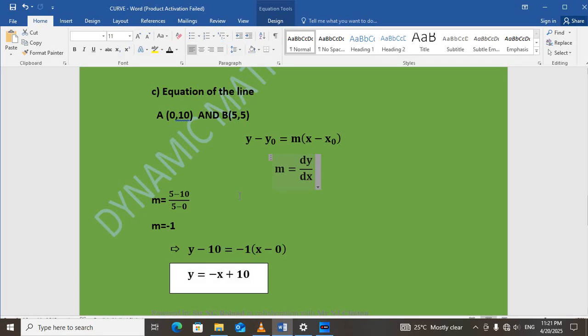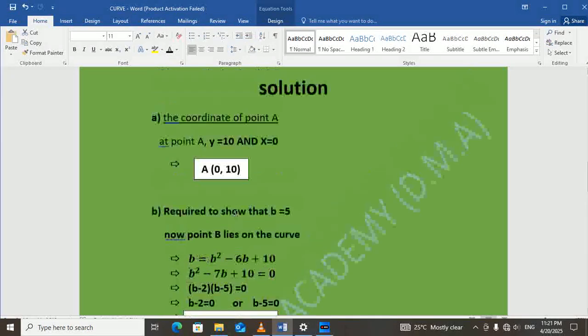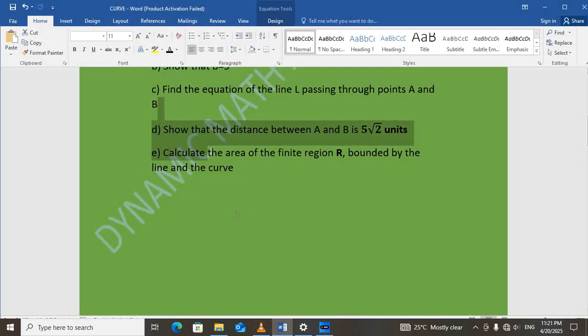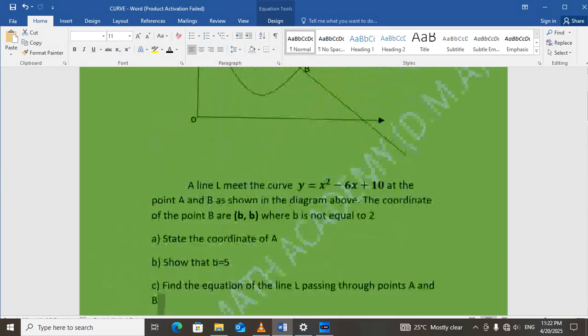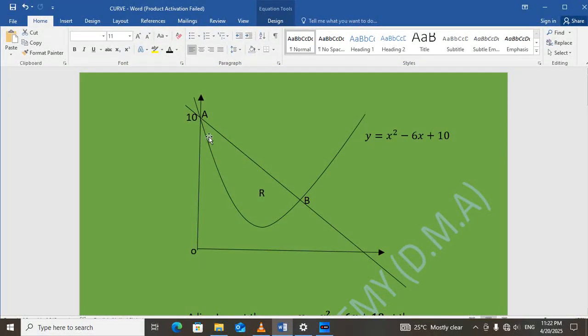Yes. Now the next question says, let's see, show that the distance between A and B is 5 root 2 units. Now we are asked to look for the distance between these 2 points.